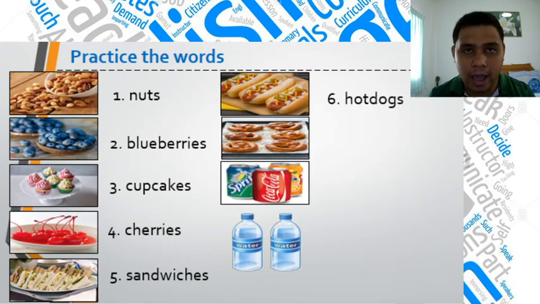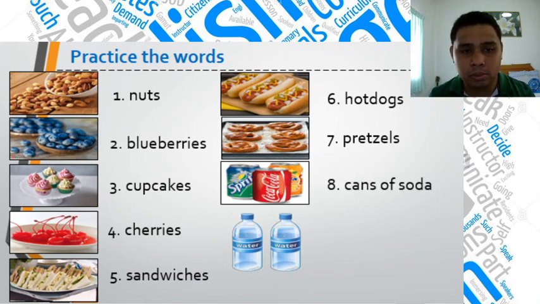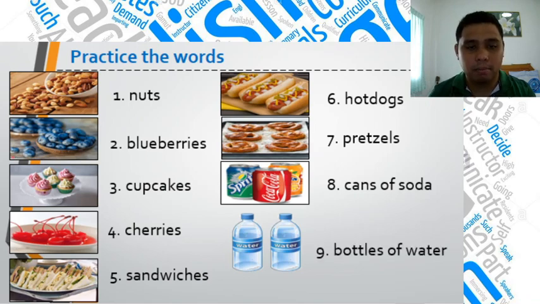Number 6, hot dogs. Number 7, pretzels. Number 8, cans of soda. Number 9, bottles of water. Okay, very good.